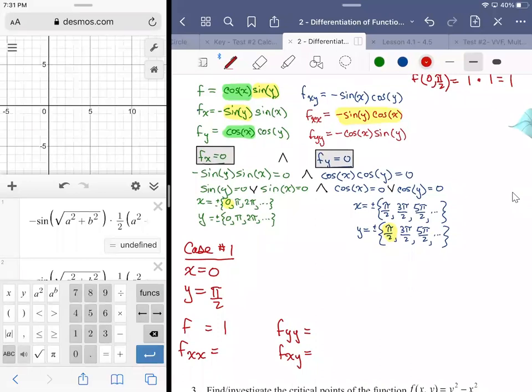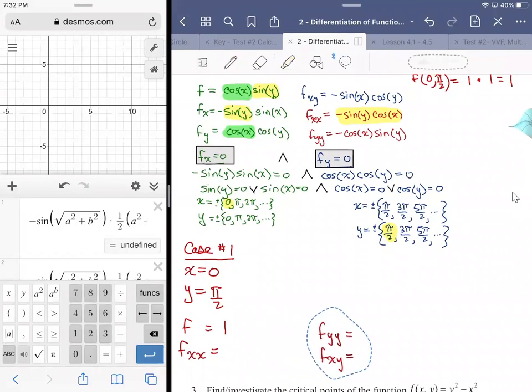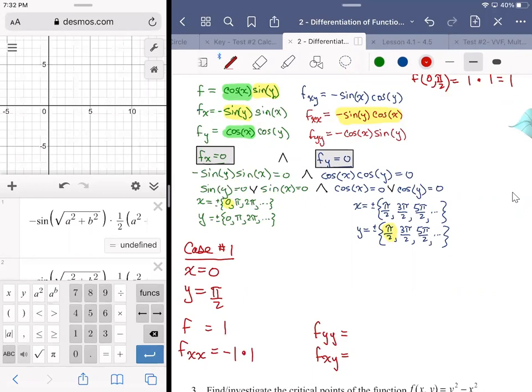As I get a value in my head, I'm just gonna jot it down so I don't forget it. So I have a negative sine of pi over 2. Sine of pi over 2 is actually +1. I said -1, I meant +1. Cosine of x, cosine of 0 is 1. So this gives me a result of -1.